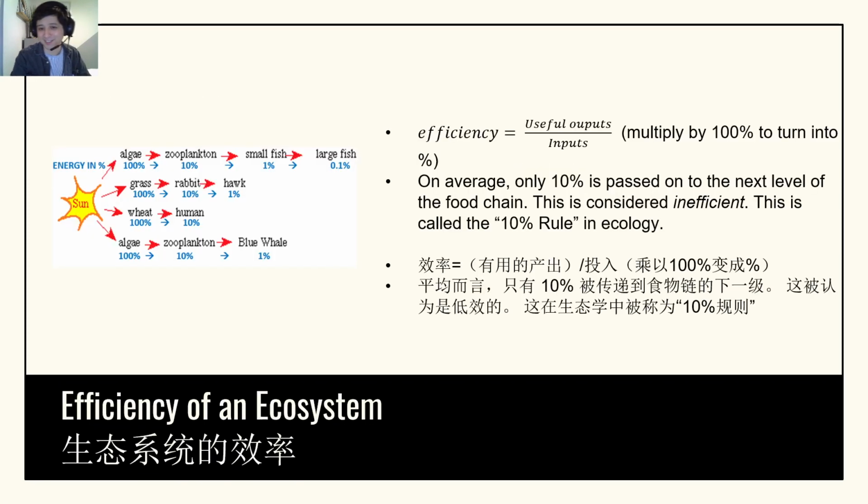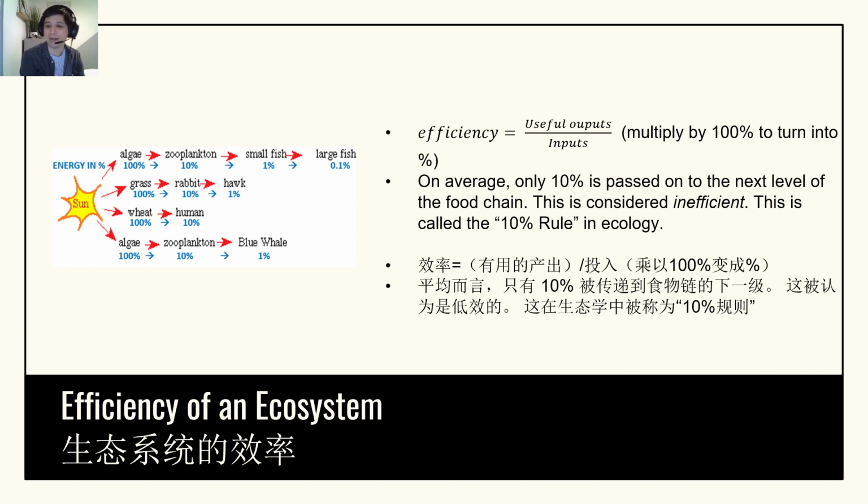Let's talk about efficiency. Efficiency can be seen by this equation at the top. Efficiency is useful outputs over inputs, multiplied by 100 to turn it into a percentage. In a food chain, only 10% on average is passed on to the next level, which is considered inefficient.